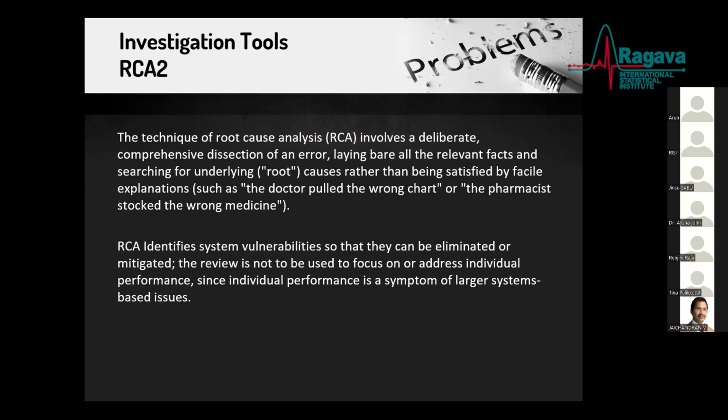The technique involves a deliberate, comprehensive dissection of an error, laying out all the relevant facts and searching for all the underlying root causes. Such investigations are never satisfied by explanations such as the doctor pulled the wrong chart or the pharmacist stocked the wrong medicine. No, we don't stop there. We have to identify what we can improve in the system. It identifies various vulnerabilities that can be eliminated or mitigated.